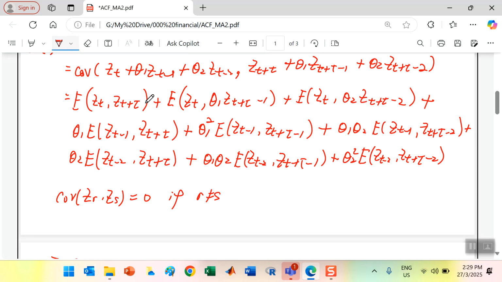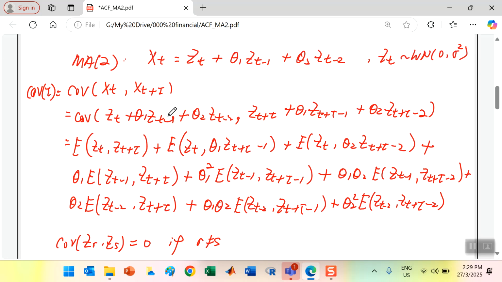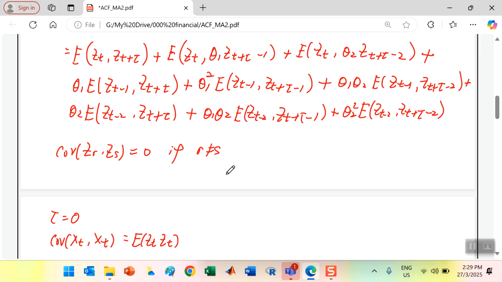So if t0 and t0, for this case, this one is t plus t minus 1, so this one will be 0 straightforward. T and t minus 2 is 0. This is t minus 1 and t 0. T minus 1 and t minus 1. So theta 1 square is one of the terms, plus theta 1 square e of zt minus 1 zt minus 1.